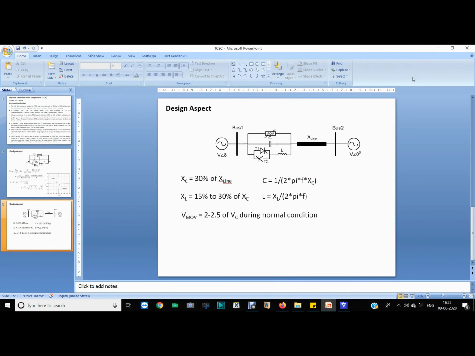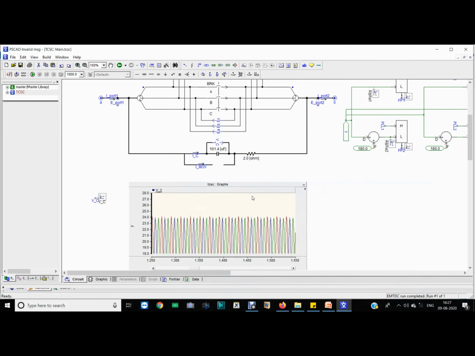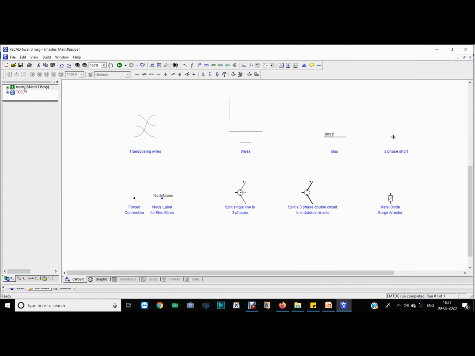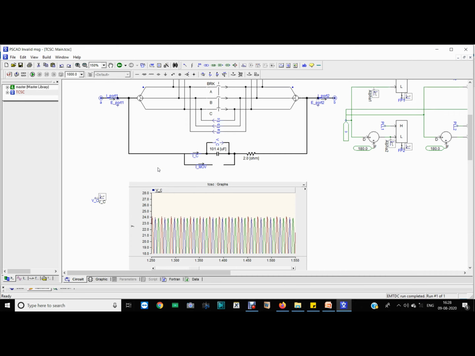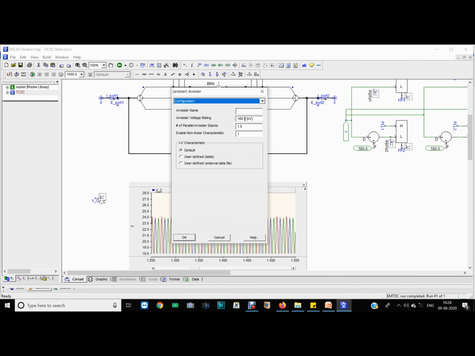Take 2 into 25. Okay, so what I need to do, go to master library, take metal oxide varistor, copy it and paste it here, just rotate it and connect it in between this, double click it, and this arrestor voltage rating will take 50.